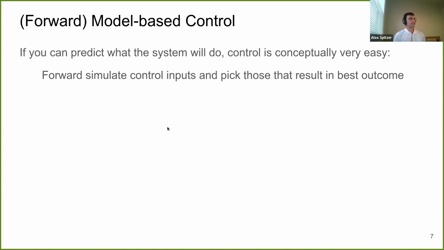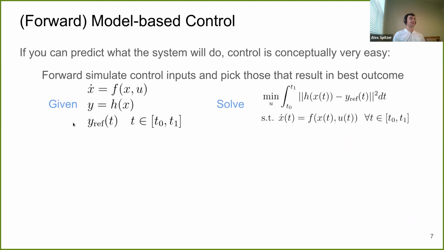There's this concept known as forward model-based control. And the idea is very simple. If you can predict what the system will do, you can solve control very easily, at least conceptually. You just say, I'm going to forward simulate a bunch of control inputs and pick the one that results in the best outcome. So we're given a dynamical system and some desired output y ref.